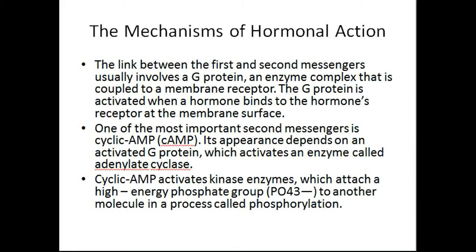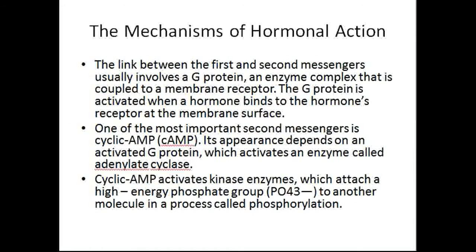The link between the first and second messengers usually involves the G protein, an enzyme complex that is coupled to a membrane receptor. The G protein is activated when a hormone binds to the hormone's receptor at the membrane surface. One of the most important second messengers is cyclic AMP, or cAMP.